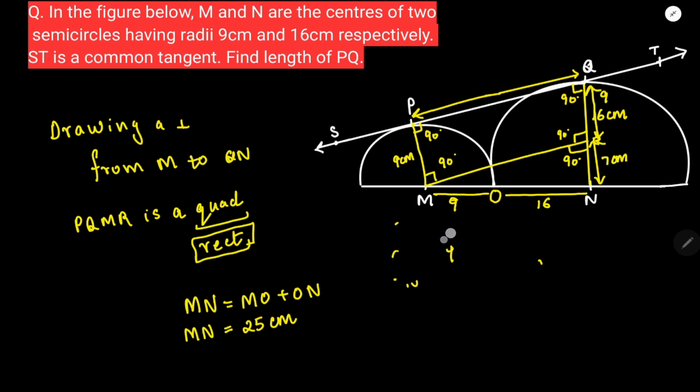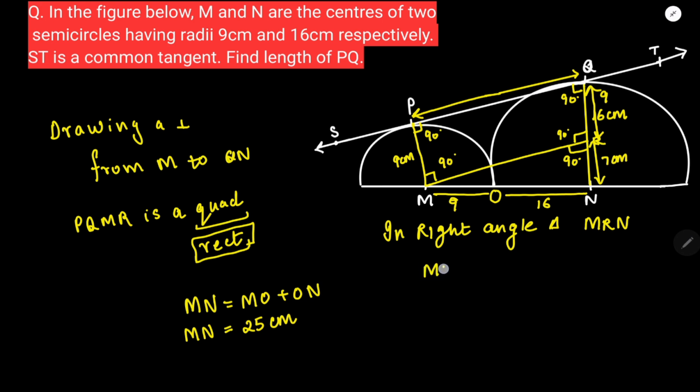Now we know MN and we know RN. In the right angle triangle MRN, you can apply the Pythagoras theorem here, right?